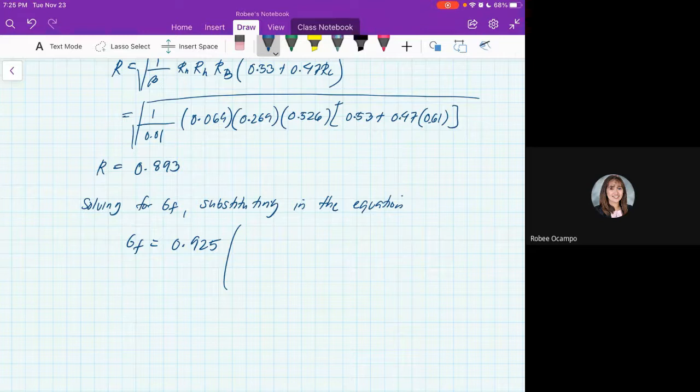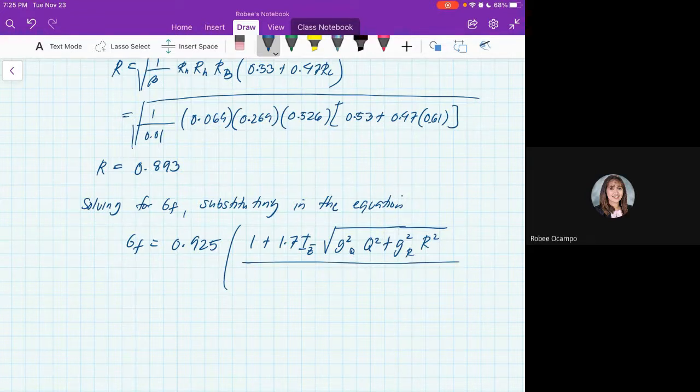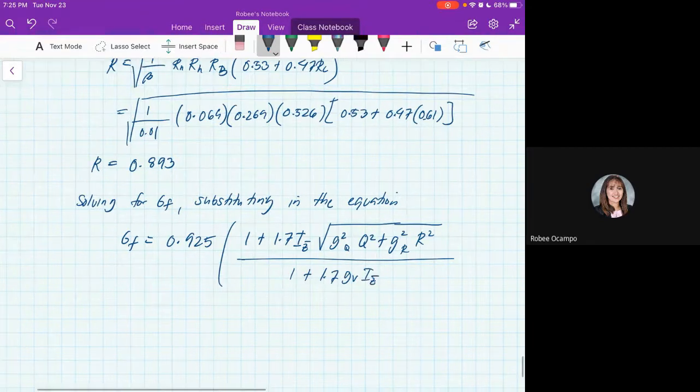We have 1 plus 1.7 I sub Z bar times the square root of G sub Q squared times Q squared plus G sub R squared times R squared over all over 1 plus 1.7 G sub V times I sub Z bar. Okay?